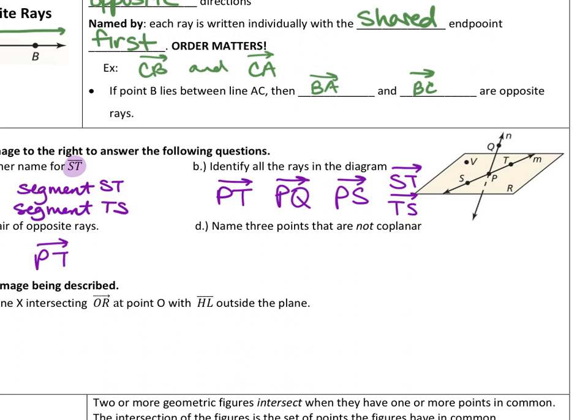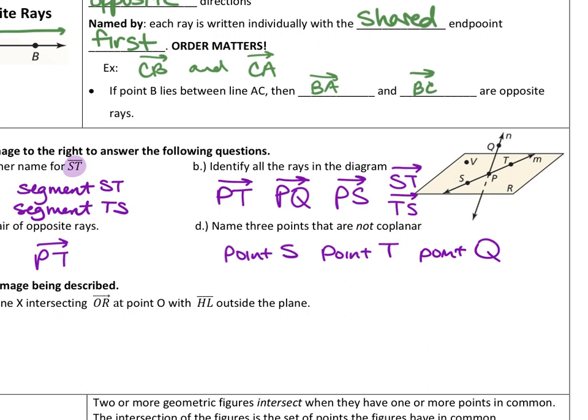So if we say not coplanar, we could say point S, point T, and point Q. Why are those not coplanar? Specifically the Q part. Is Q on that parallelogram? No, it's coming out of the parallelogram. So that's not on the same plane.